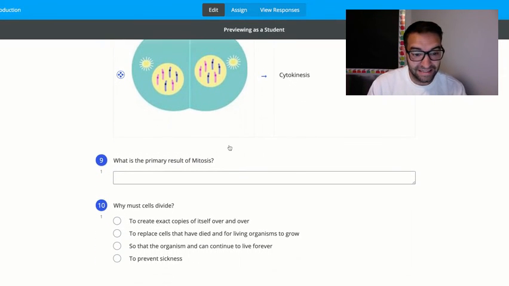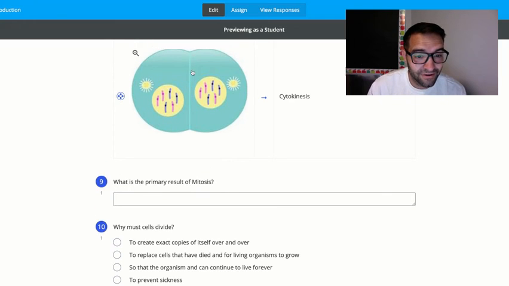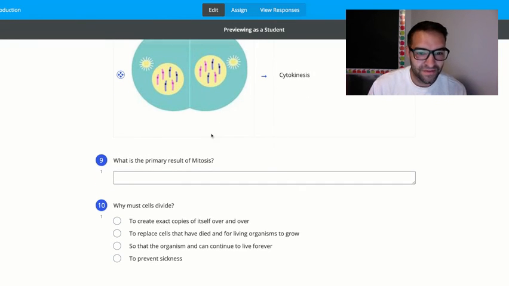After you've done that, there are two more questions to really focus our learning and make sure we get the main idea. What was the primary result of mitosis? Hopefully, by the end of this activity, that is pretty obvious, as we're seeing almost a complete example right here. And then, why must cells divide?